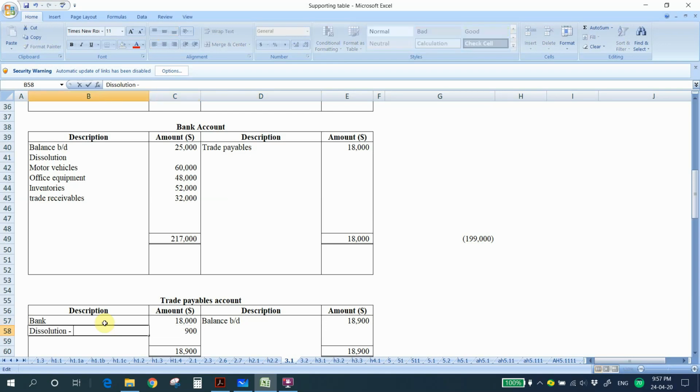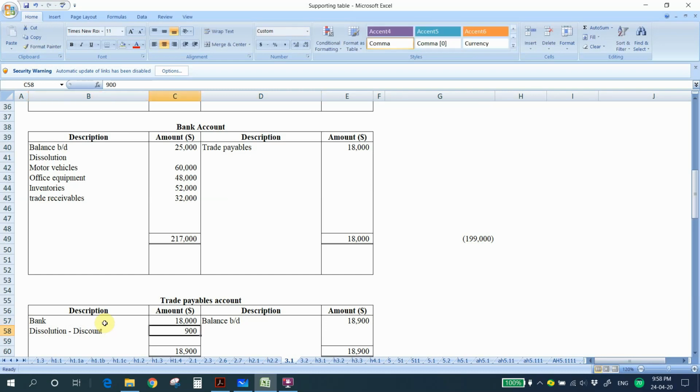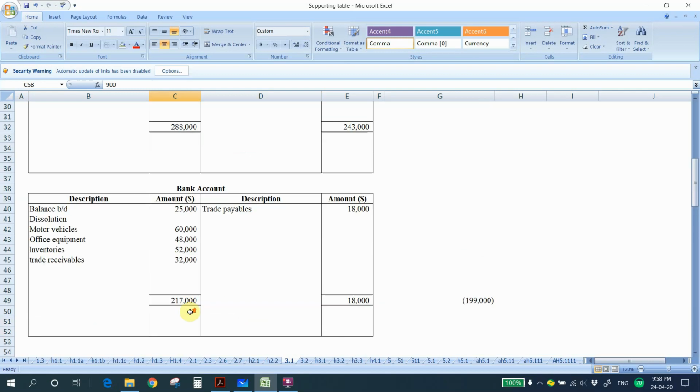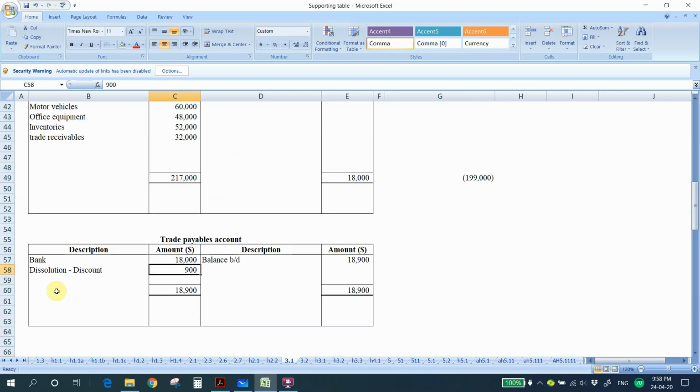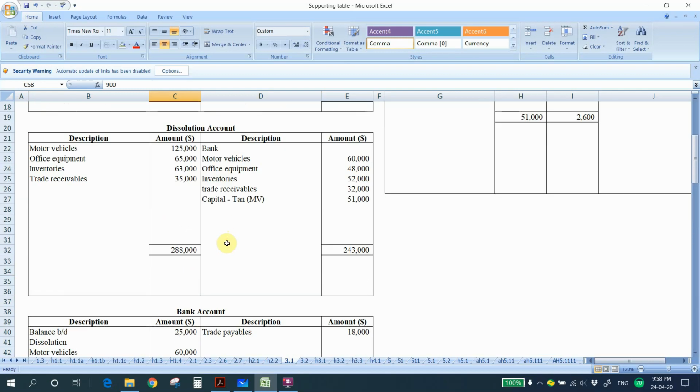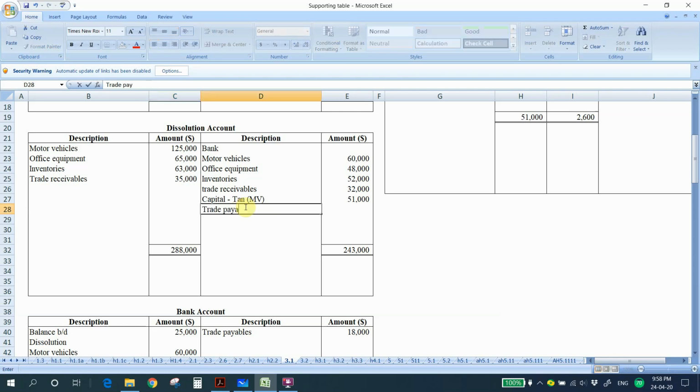So we can indicate that this is a discount for better understanding. We debit the trade payables account and credit goes to dissolution account. 900.